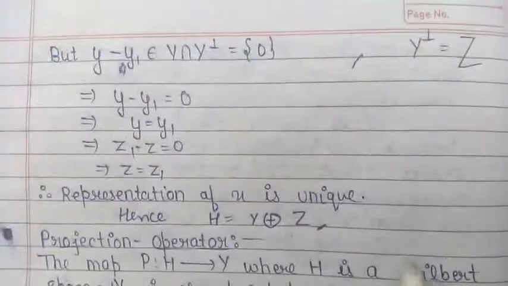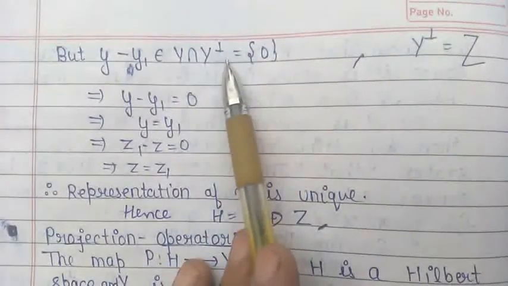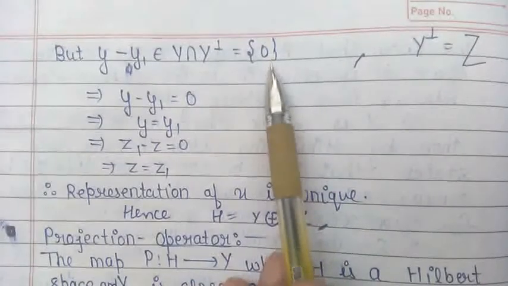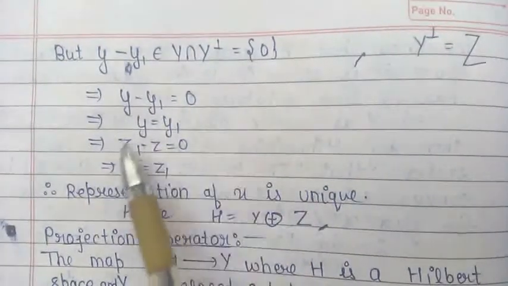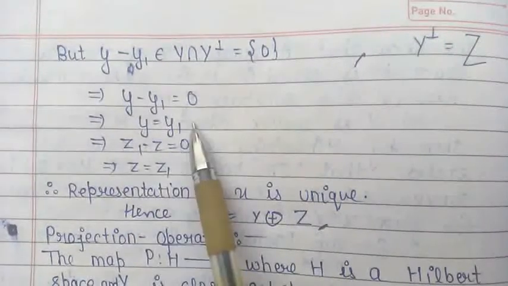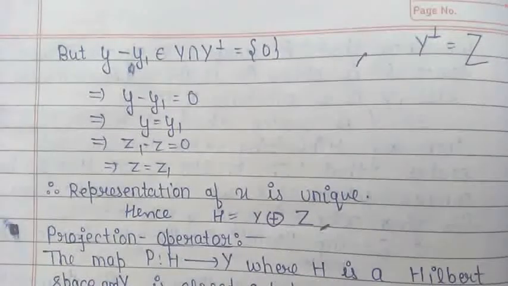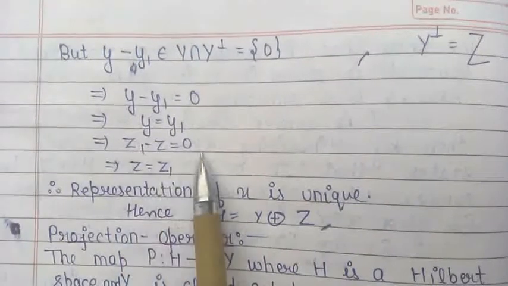This element will belong to the intersection also. So y minus y1 belongs to the intersection of Y and Y complement. But the intersection of Y and Y complement is 0. So the element y minus y1 becomes 0. This proves y = y1. Because y = y1, and y minus y1 = z1 minus z, we get z1 minus z = 0.